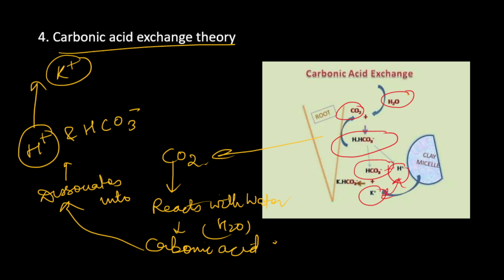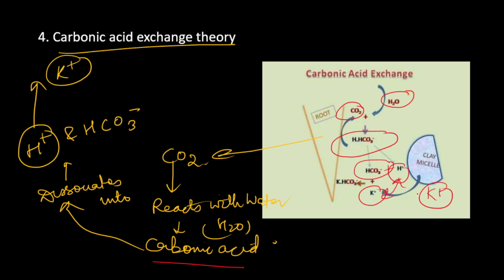I am explaining it to you again. Root will release CO2 during respiration. That CO2 will react with the soil water, H2O present in soil, and form carbonic acid. Then that carbonic acid will dissociate into two things, that is HCO3 minus plus H plus, and there is K plus in the clay micelle.